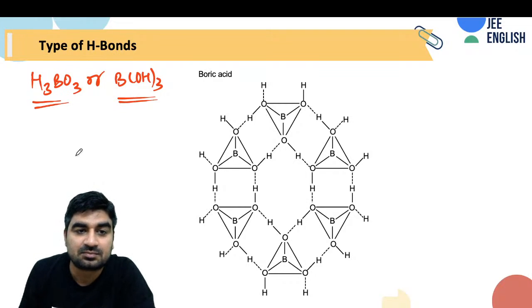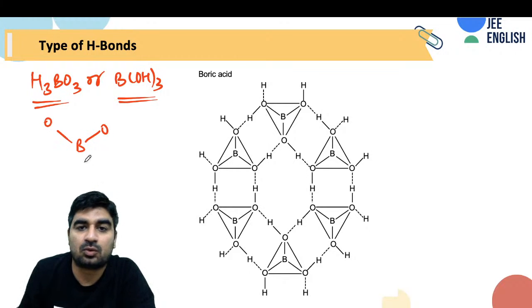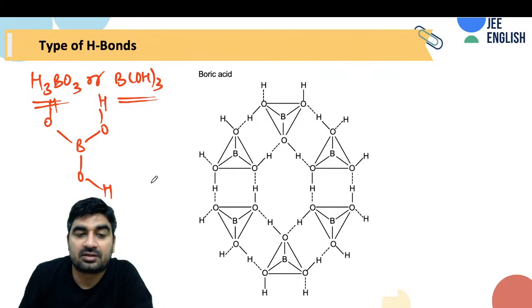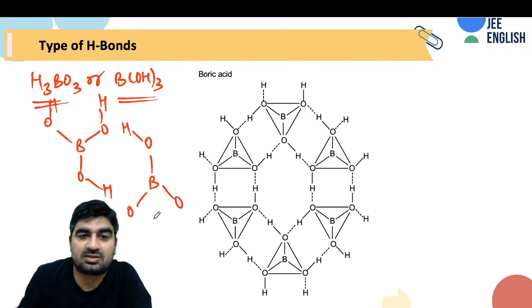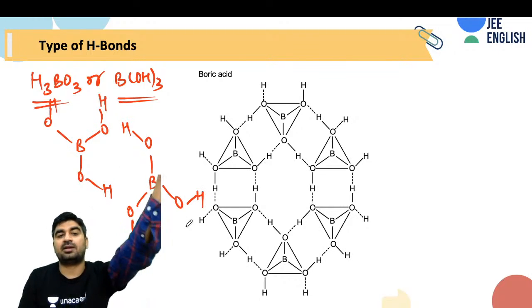So here I am telling you, suppose I am taking one boron, O, O, O, right? So this is 1H, this is 1H, this is 1H. Now here I am taking one more boron, O, O, and O. Now H, H, and H. Why am I making it?